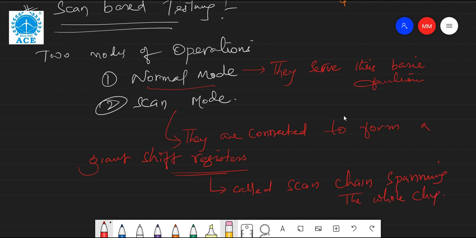Basically these registers are called the scan chain, spanning the whole chip.